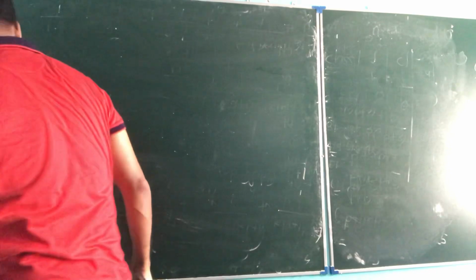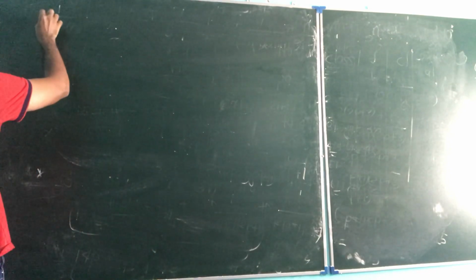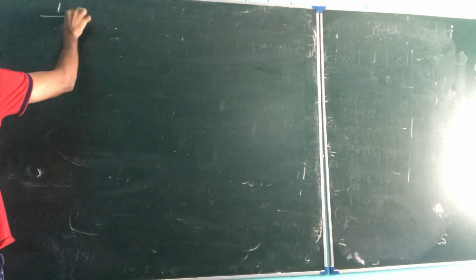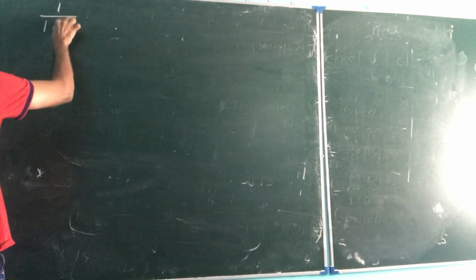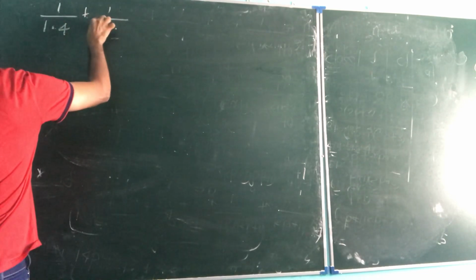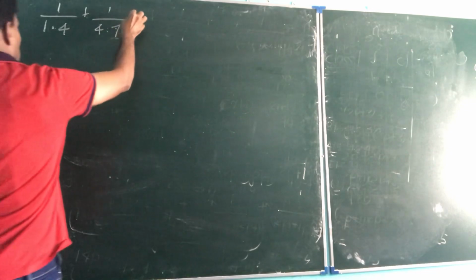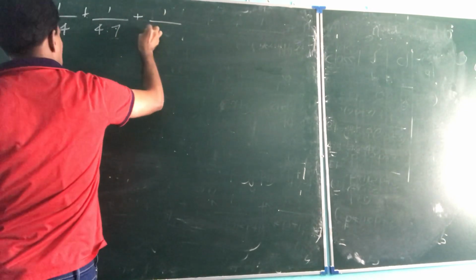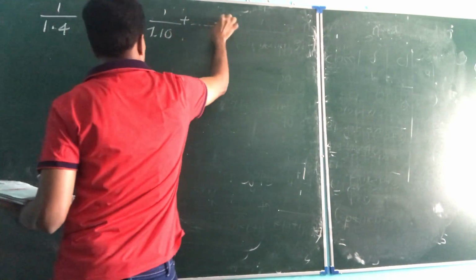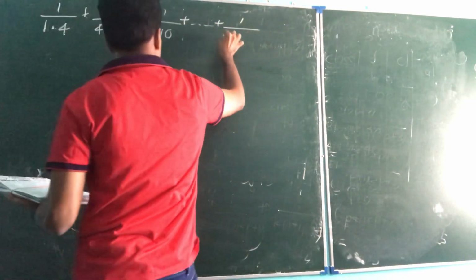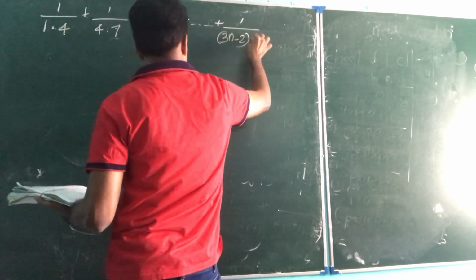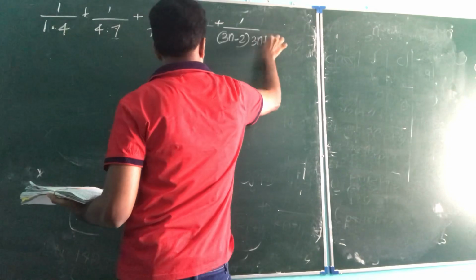See next question. I work 1 over 1 into 4 plus 1 over 4 into 7 plus 1 over 7 into 10 and up to plus 1 over (3n minus 2)(3n plus 1).